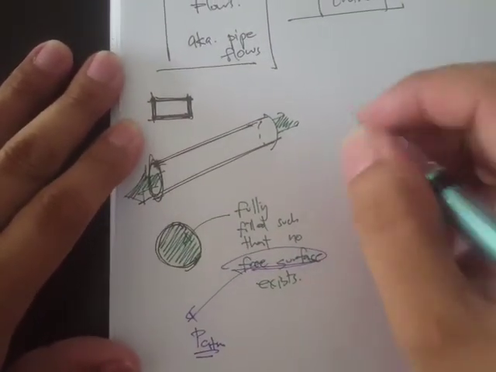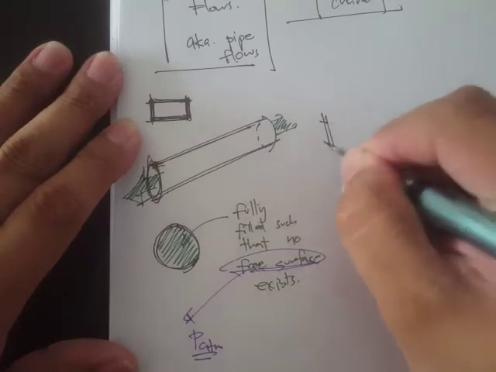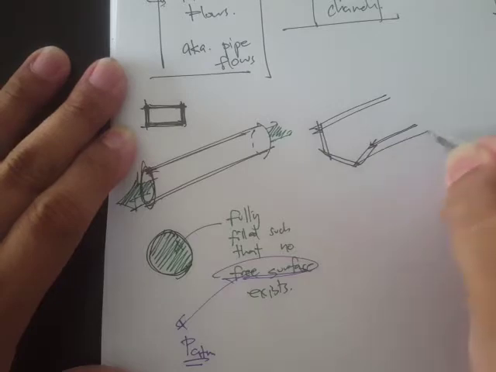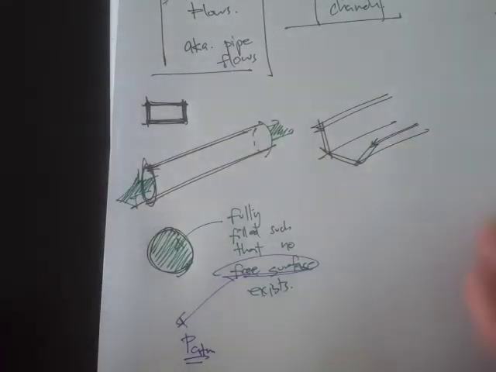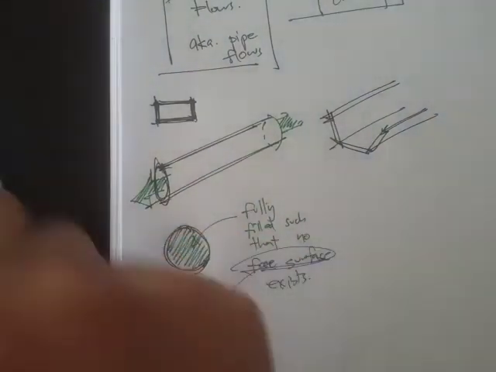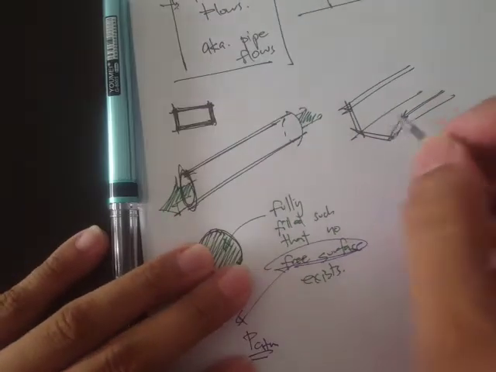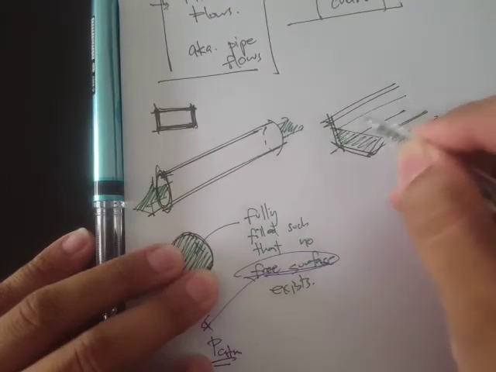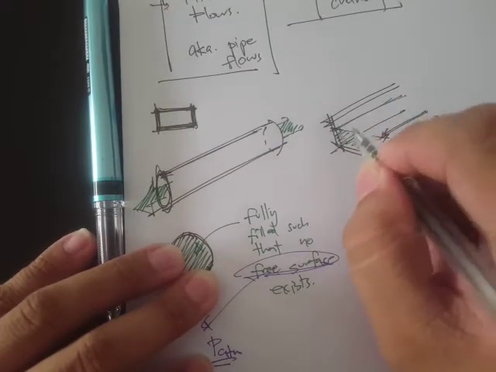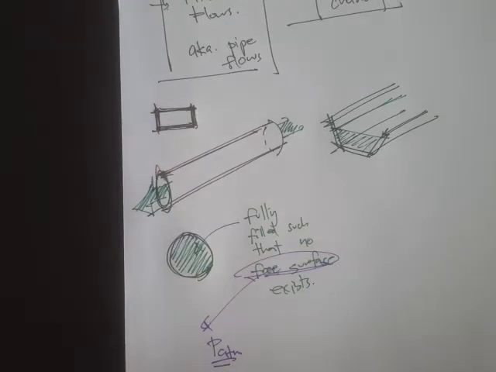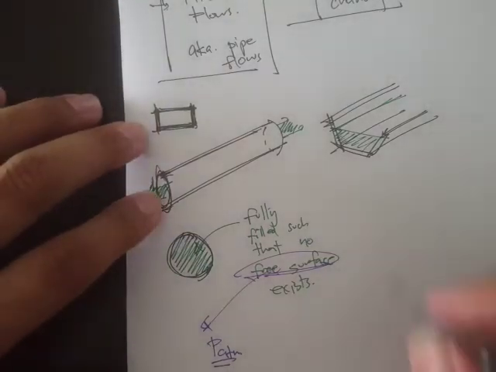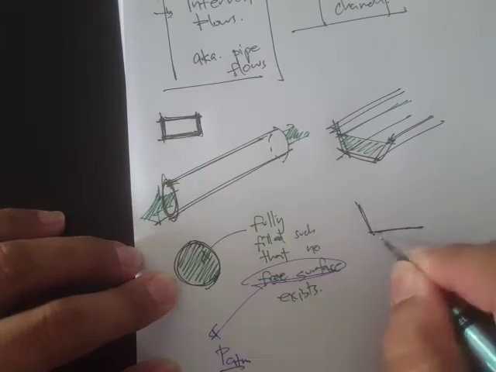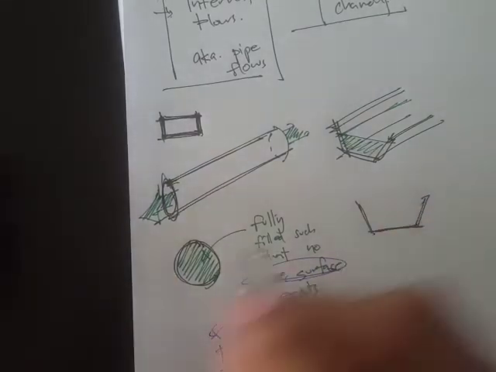Now for the open channels, it's typically described as the flow in a canal. For example, this is our solid boundaries and this is our fluid. It's still contained in the solid boundary, except that there's an existence of the free surface.